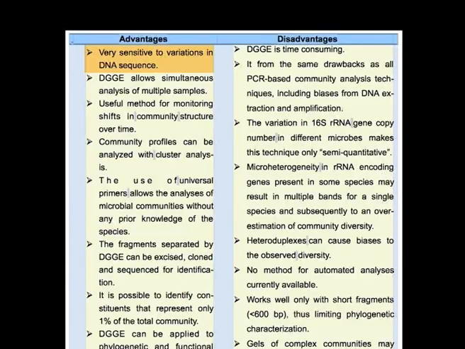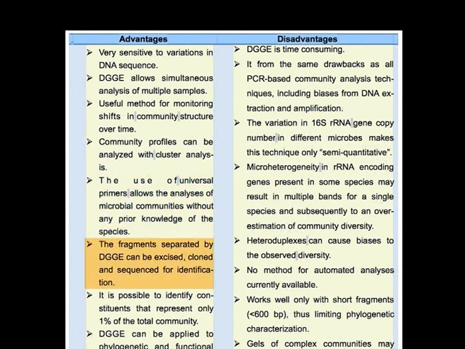DGGE is very sensitive to variations in DNA sequence. DGGE allows simultaneous analysis of multiple samples. It is a useful method for monitoring shifts in community structure over time. Community profiles can be analyzed with cluster analysis. The use of universal primers allows the analysis of microbial communities without any prior knowledge of the species.